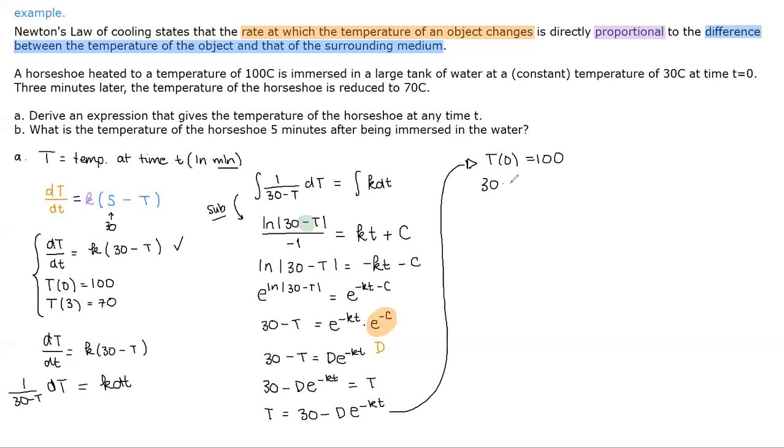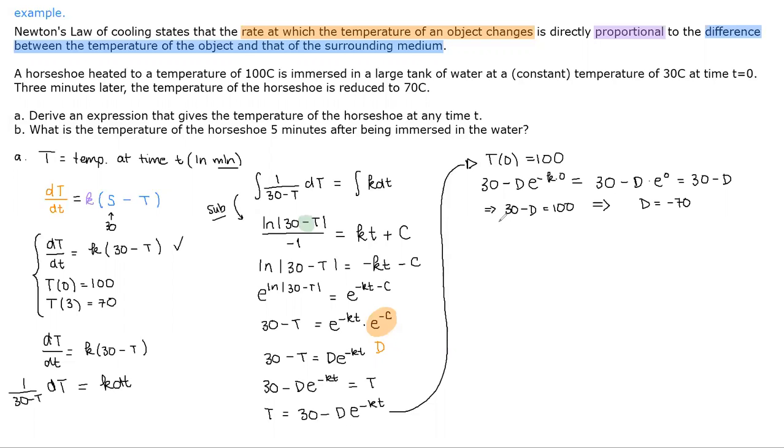So that means that 30 minus D e to the minus k times t, sorry, k times 0, this is going to be T of 0, and this is equal to 30 minus D times e to the 0, which is the same as 30 minus D. And so 30 minus D is equal to T of 0, and T of 0 is also equal to 100, which means that 30 minus D is equal to 100, which means that D has to be equal to negative 70.